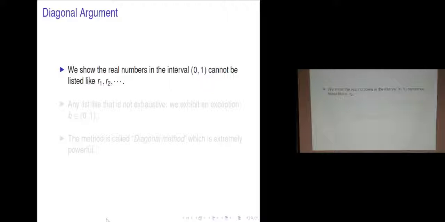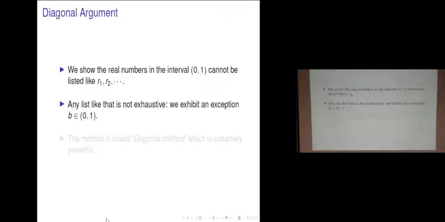So we show the real numbers in the interval 0, 1 cannot be listed like R1, R2, dot, dot, dot. You cannot label them by natural numbers. No matter how hard you try, you always miss somebody. So there's no bijection. Any list like this is not exhaustive. I'm going to convince you this is the case.